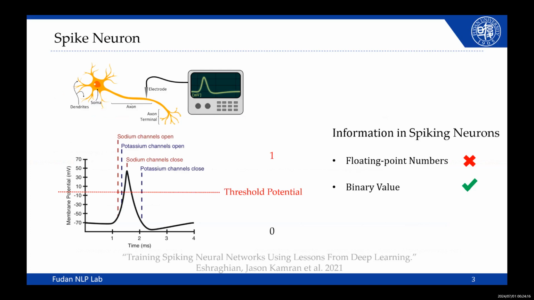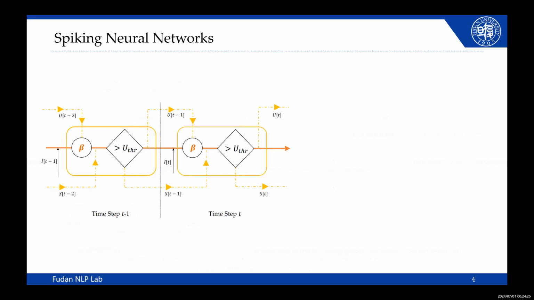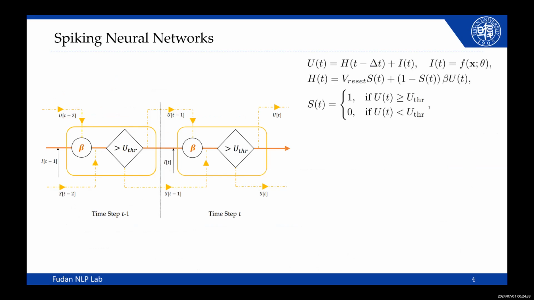The input data of SNNs will be converted into time-varying spikes, indicating that there are only binary values in every time step. Here, I show a recurrent representation of a leaky integrate and fire neuron. These are equations that describe the dynamics of the LIF neuron.